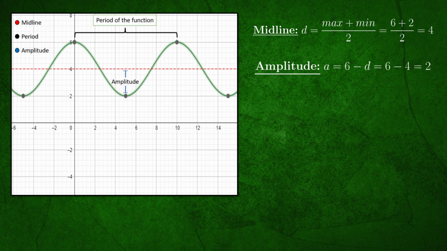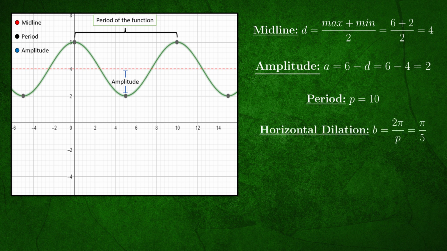Notice how the distance in x from one maxima, (0, 6), to another, (10, 6), is equal to 10. Then the period p is equal to 10. Therefore, we have that the horizontal dilation b is equal to 2 pi over p.